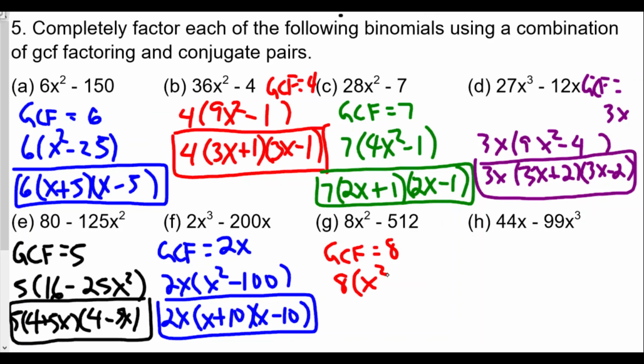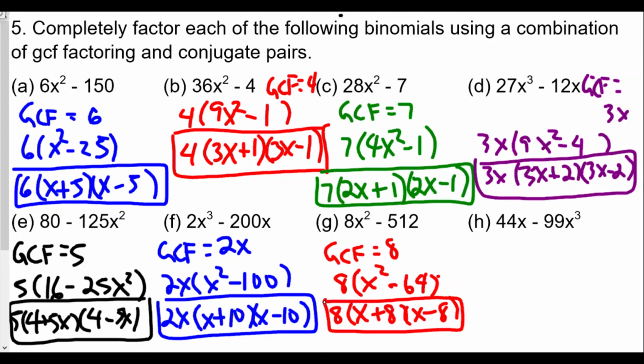Well, okay, 8 goes into 51, 6 times, 48. All right, and the remainder is 3, so 32, and 8 goes into 32 4 times, so 64. There you go. And we see here a conjugate pair, x and x for x squared, and the square root of 64 is 8. So 8 times x plus 8 times x minus 8.